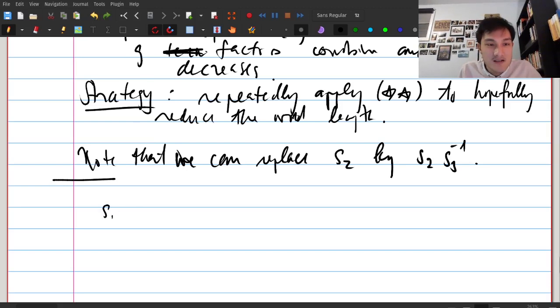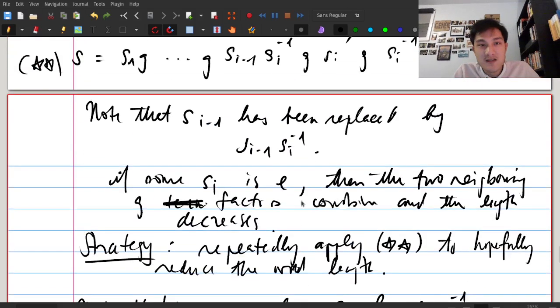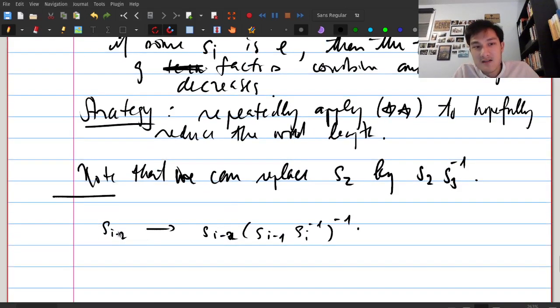We can replace Si minus 2 by Si minus 2, Si minus 1, Si inverse, because we replace Si minus 1 by this. So now Si minus 2 we can replace by Si minus 2 times this thing, which was already replaced, inverse. And of course this is equal to Si minus 2, Si minus 1 inverse. I'm just taking the inverse here.